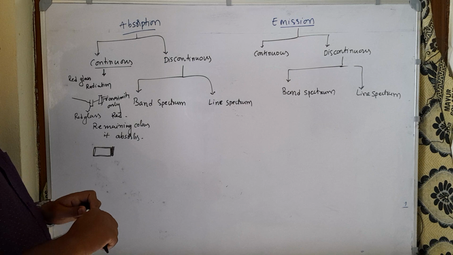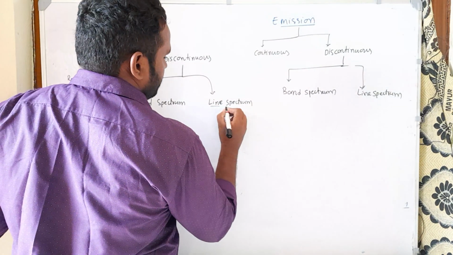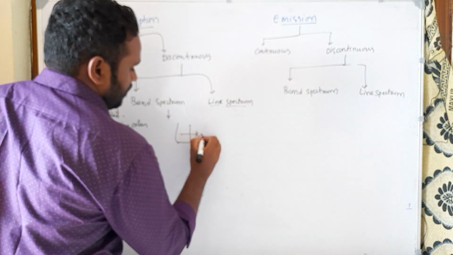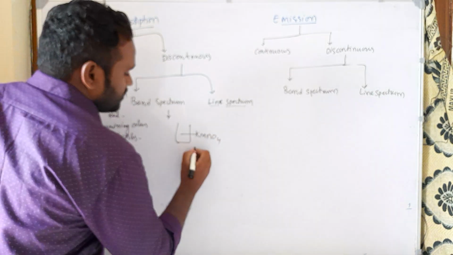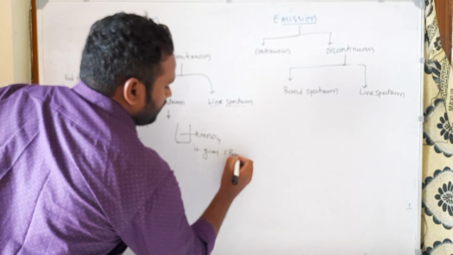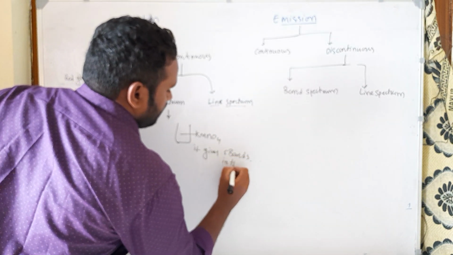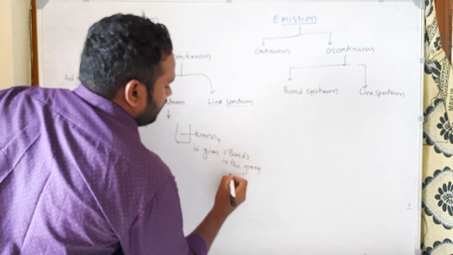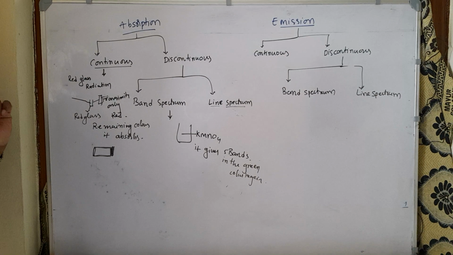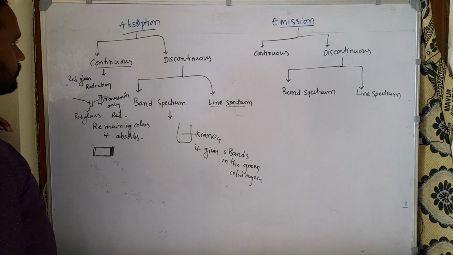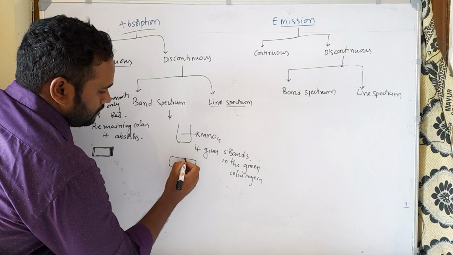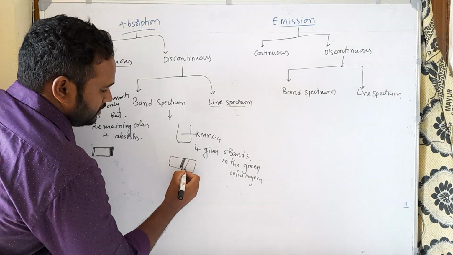Next, discontinuous absorption spectrum. First of all, discontinuous band spectrum. When you pass light through KMnO4, it gives 5 bands in the green color region, which means you have 5 bands over this green color range.